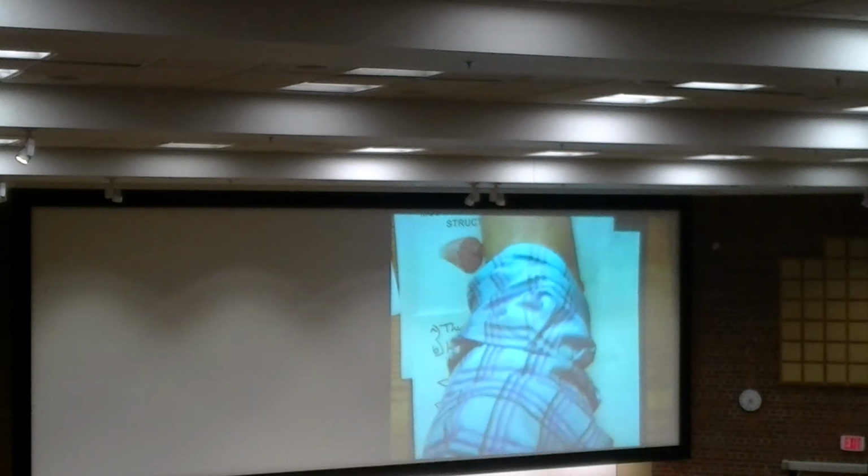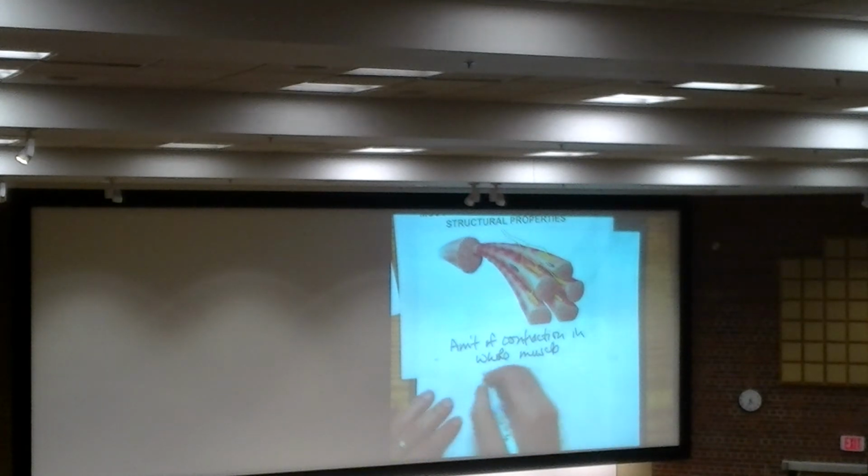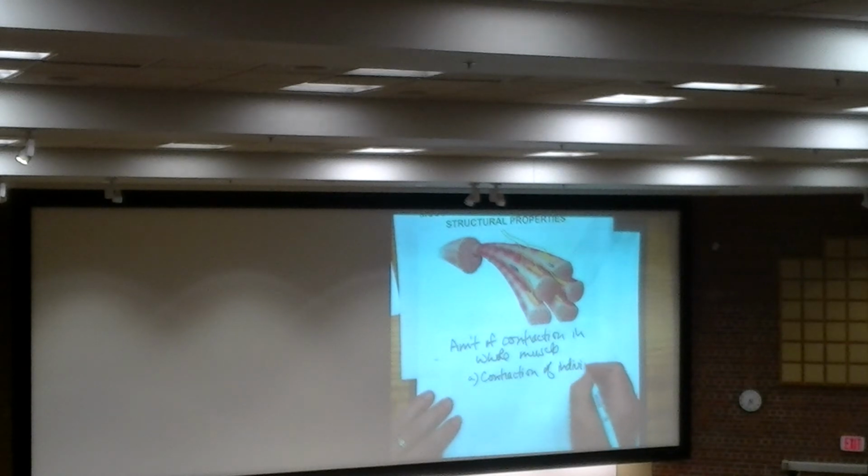Now, the amount of contraction in the whole muscle is going to depend upon the contraction of individual cells, of individual myofibers.